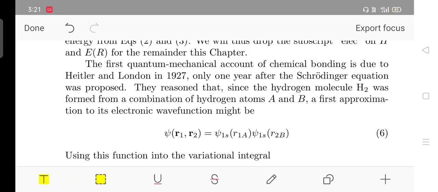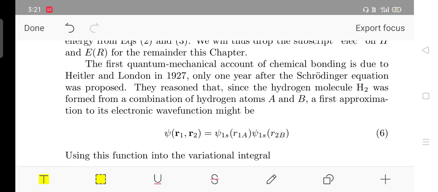The reason is that since the hydrogen molecule was formed from a combination of hydrogen atoms A and B, as a first approximation its electronic wave function might be this.